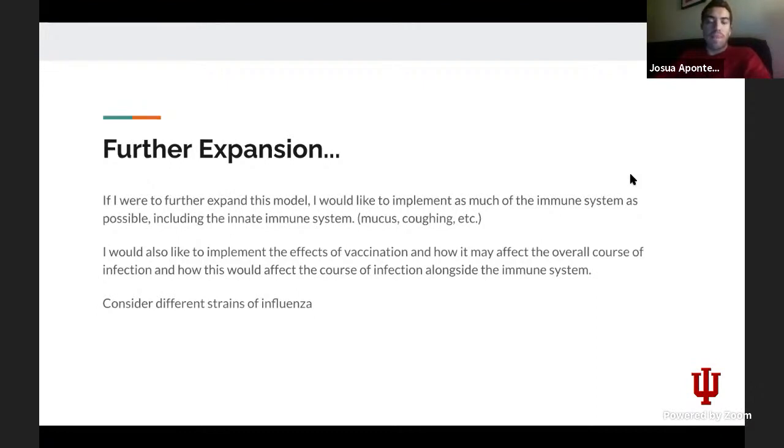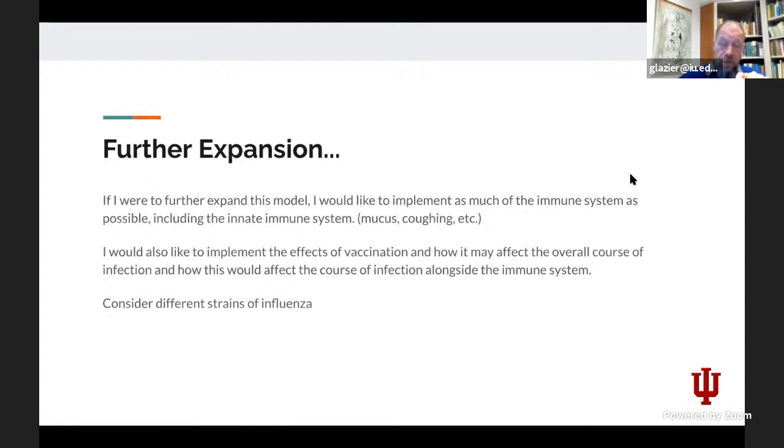I'd say the same thing with your sliders. When you display the slider, if the text on the slider can explain what the parameter means and what the units are. I noticed that you display it at the bottom underneath, which is nice, but in the text that creates the slider, you could put in an annotation that says, this is the rate of infectivity in units of per day or something like that.